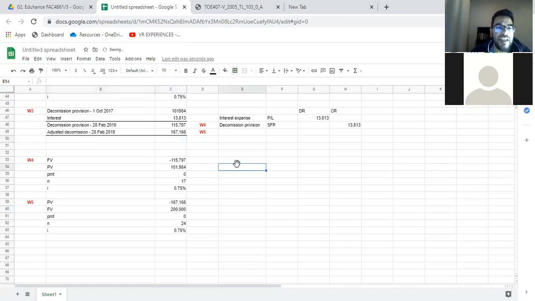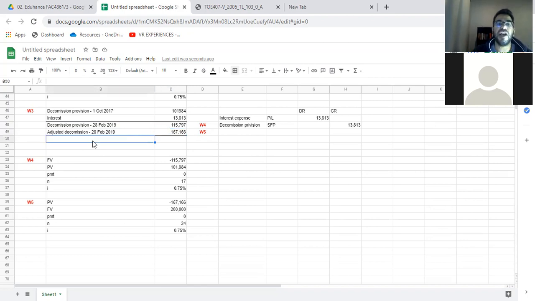As you can see, at 28 February on the original information, the liability is 115. With the new information, the liability is 167. The liability is increasing, so we credit decommission provision with whatever the amount is. For every credit there must be a debit.